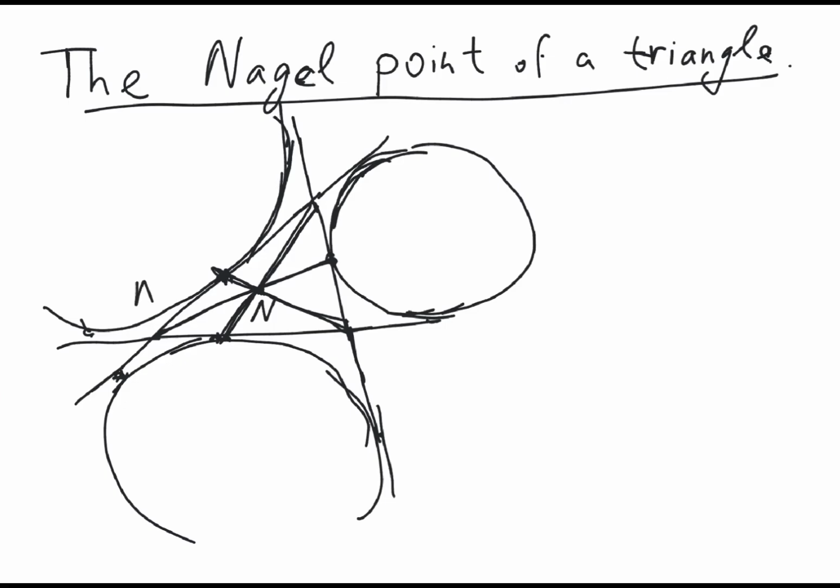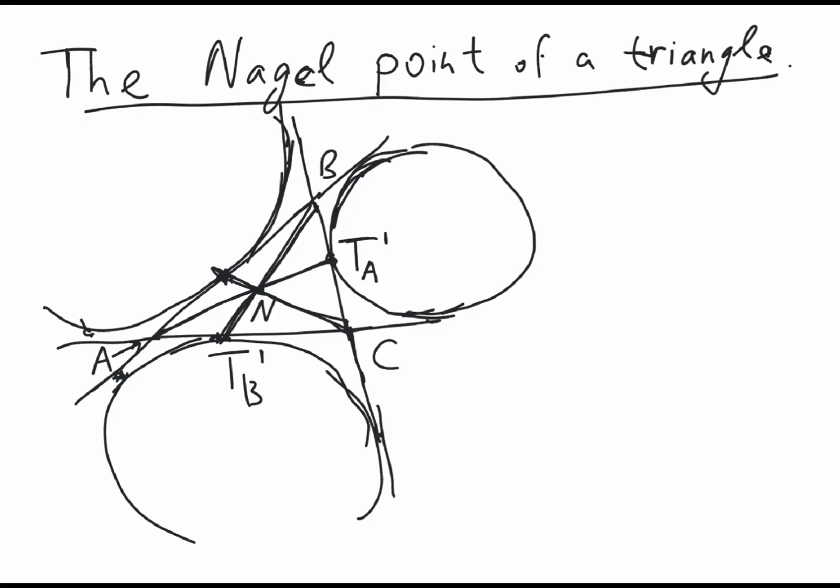So let me denote the triangle as A, B, C. It's better to put A here. And then denote the tangency points as TA prime, TB prime, because it indicates that it's the tangency point of an excircle, not of an incircle.